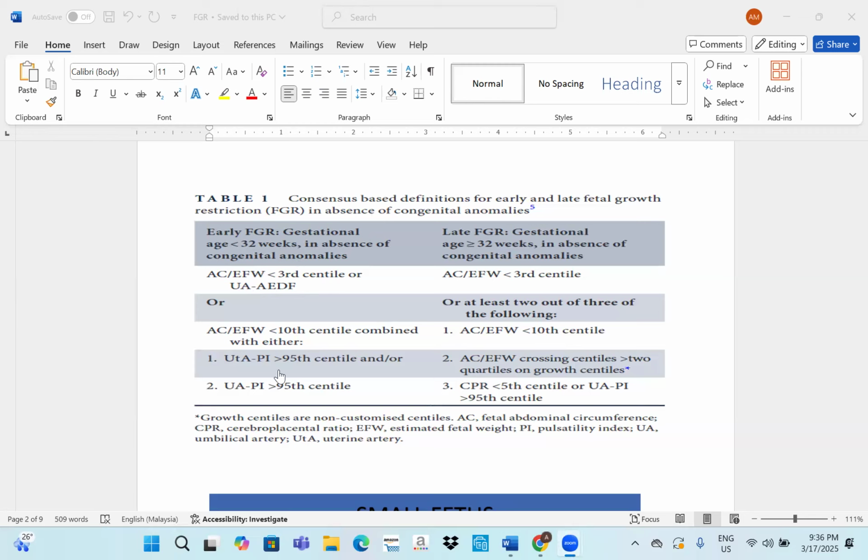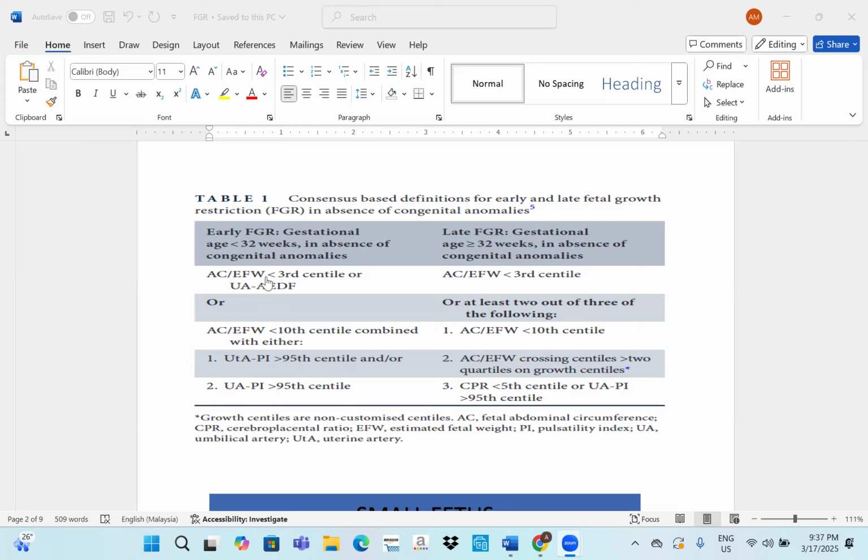This one we already discussed, that if it is less than 10th centile combined with either the uterine artery Doppler or the umbilical artery Doppler more than 95th centile, it is FGR. But for the late onset, here we say that less than third centile or the umbilical artery Doppler is abnormal, we label the patient.